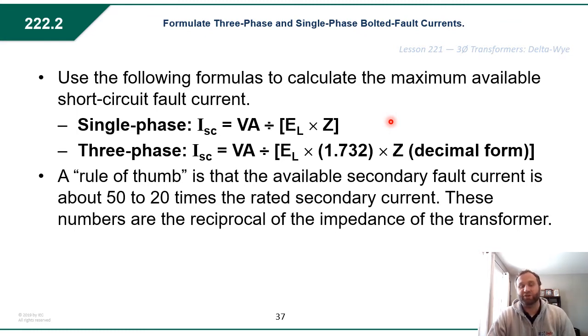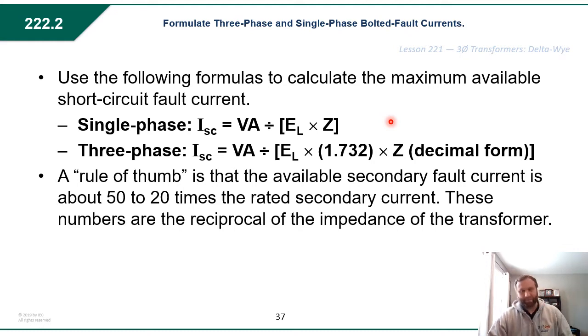For a three-phase short circuit fault current or bolted current, the formula is very similar. So you're going to use the I of SC, or I of short circuit, that equals the volt amps divided by the voltage times the square root of 3 because it's a three-phase circuit, and then you're also going to multiply it by the decimal form of Z.